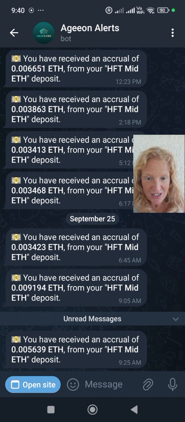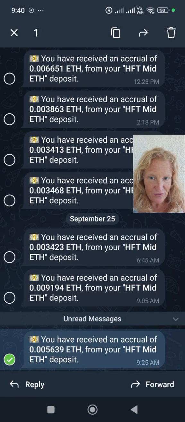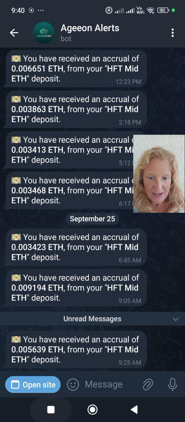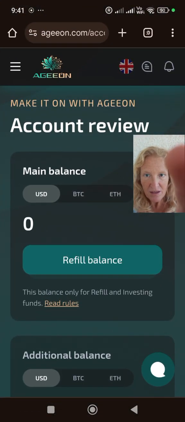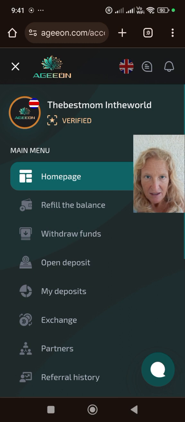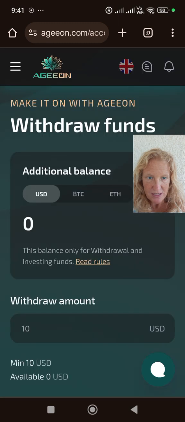But what I wanted to show you is not only that I received these messages here. I now know when I receive this, I go to my account. I have this in my browser, and then I go to withdraw funds, and there I don't see anything here because I don't have my funds in a deposit that is creating US dollars.